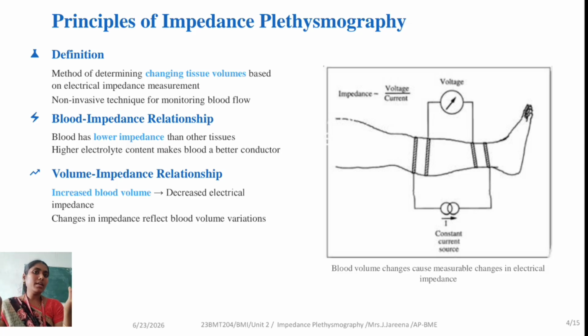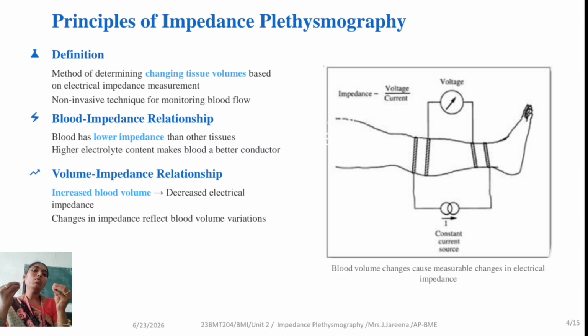In a conductor, the flow of electrons is very little restricted. So when you have a good volume of blood, because it is conductive, it has a very low resistance. That is the relationship between blood and impedance.